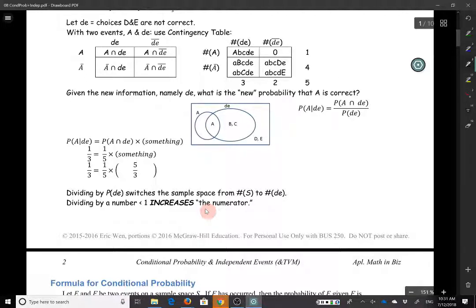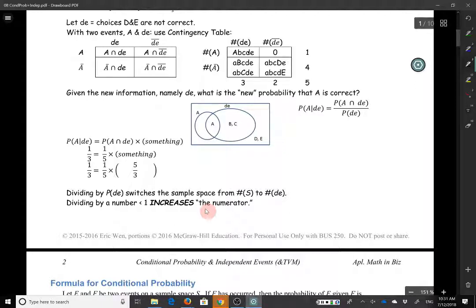So you strike them out, and what's happening is the sample size used to include those, used to be 5, but now that you can rule those events out, the sample space is smaller in size. It's reduced. That's what the new information does. So those are no longer possible. You eliminate them, and so the sample space gets smaller.